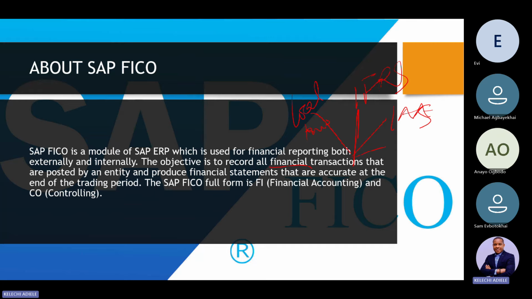We also have international standards. So all these standards drive the way we record and report transactions. So we don't just do anything in the system. We are guided by principles, by laws, by standards on how things should work within the system.